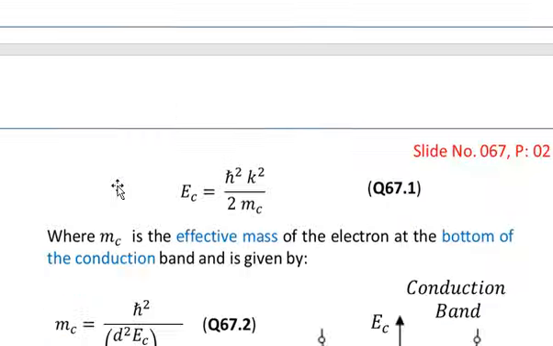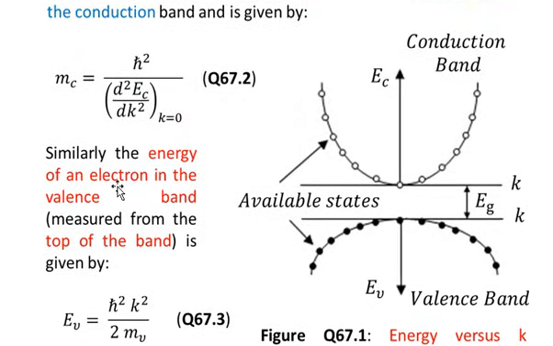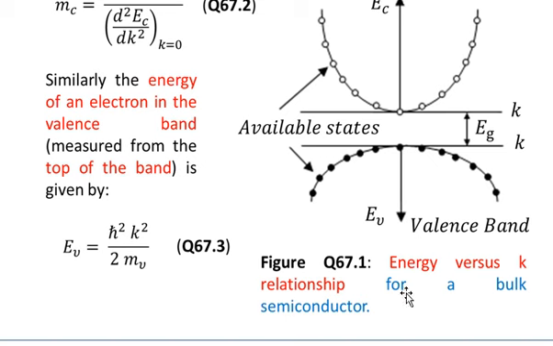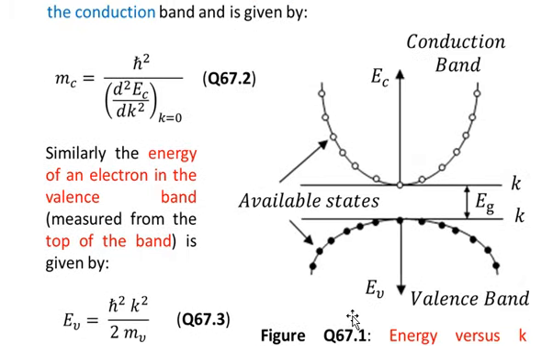So let me show you first this figure. The caption of the figure is energy versus k relationship for a bulk semiconductor. So we are plotting the energy. For example, for the conduction band, we are plotting the energy along the vertical axis, and for the valence band, we are plotting the energy down the vertical axis.